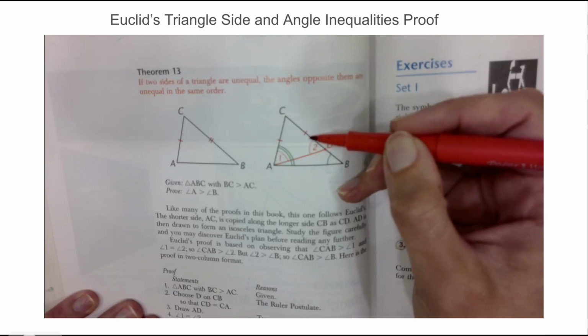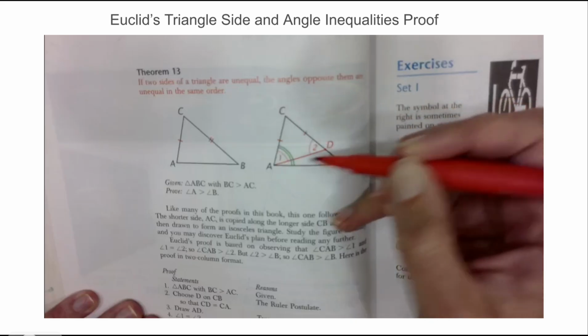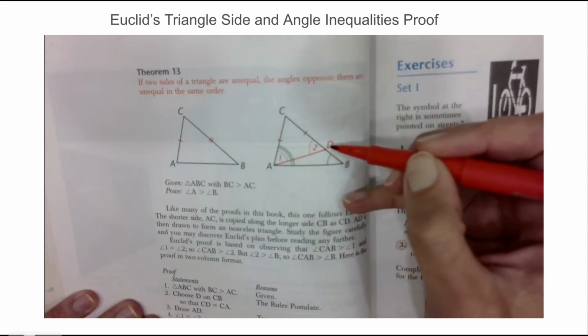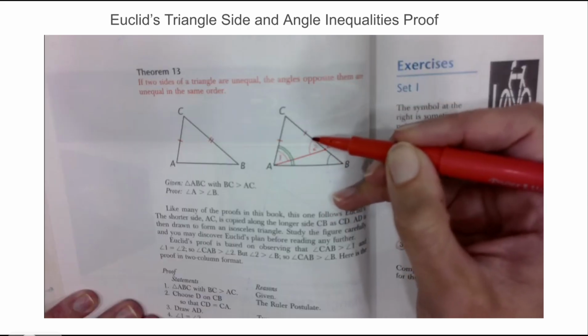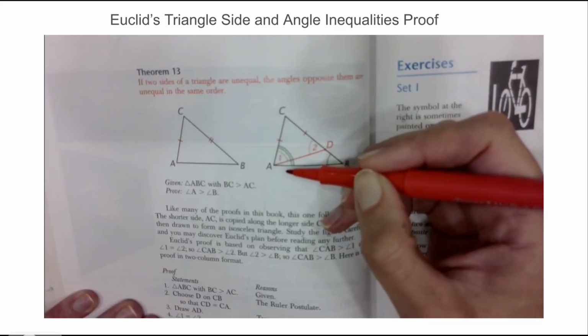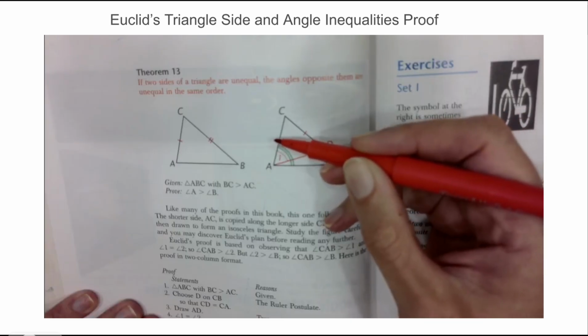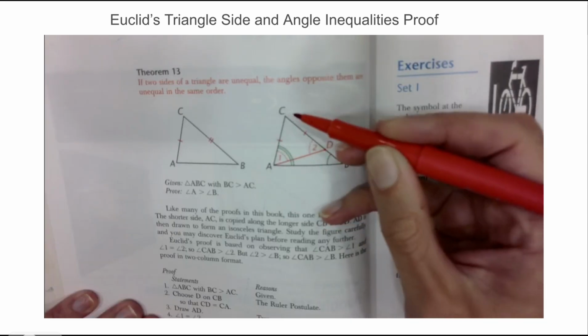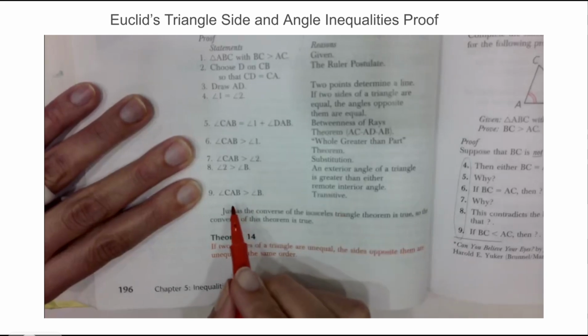And if this is longer, a longer side, and we know this CB is longer because this is this long and this is this long plus extra, then this side would be across from a larger angle. So we know that angle A in total is larger than angle B because it is across from a longer side. A shorter side, a smaller angle. A longer side, a larger angle. So that is how we know that this is true.